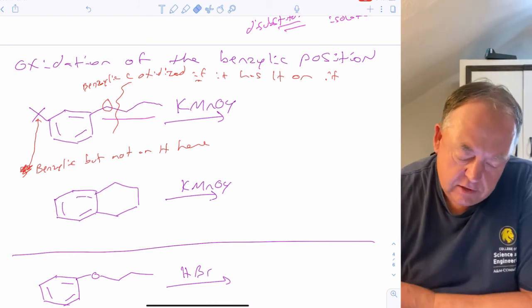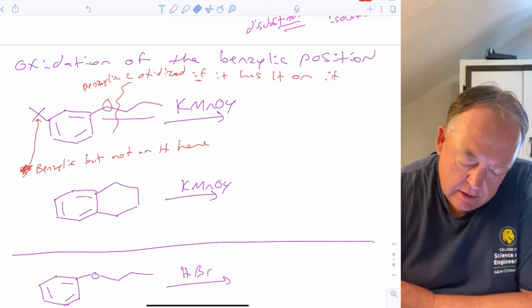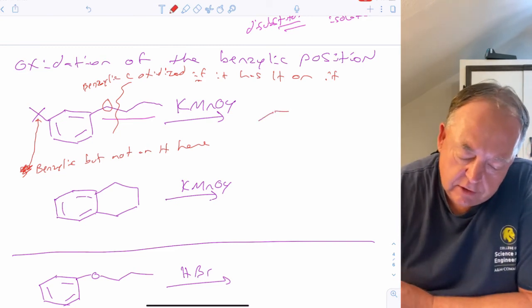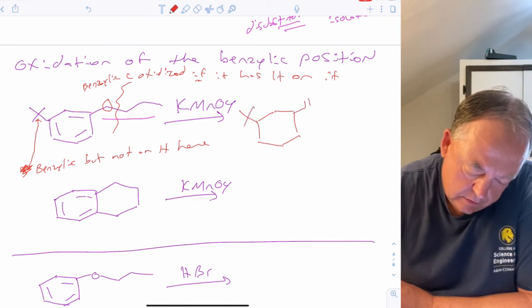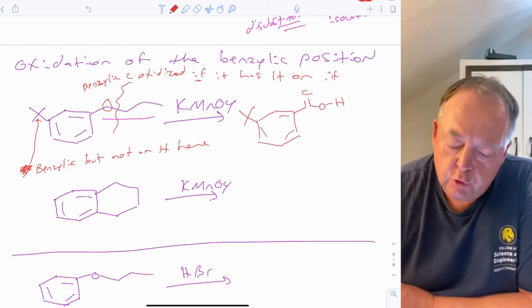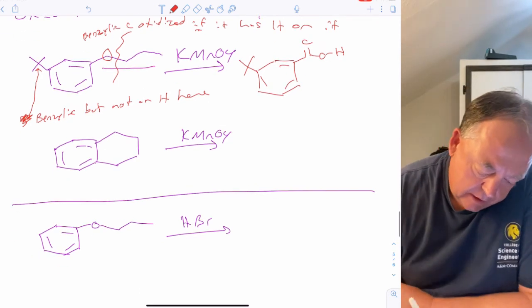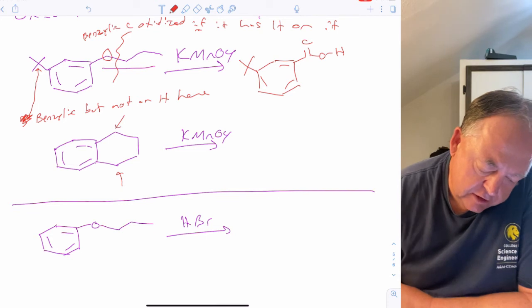So basically you cleave that bond and that carbon oxidizes to a carboxylic acid. So you make a benzoic acid derivative. So same thing here, those are benzylic positions and they have hydrogens.